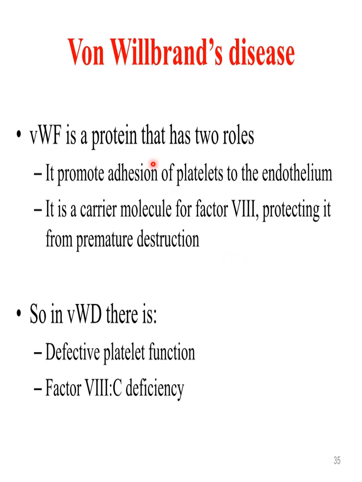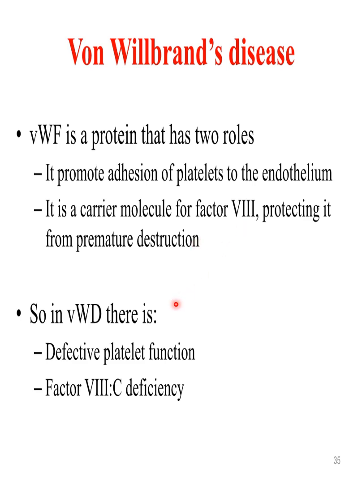Von Willebrand protein has two important roles. It promotes adhesion of platelets to the endothelium, and it is also a carrier molecule for factor VIII, and thus it prevents the premature destruction of factor VIII.